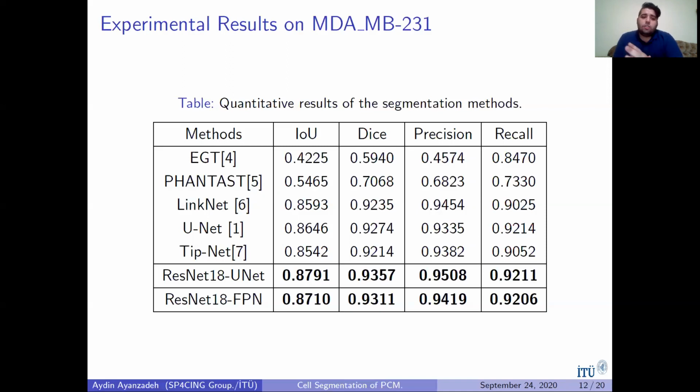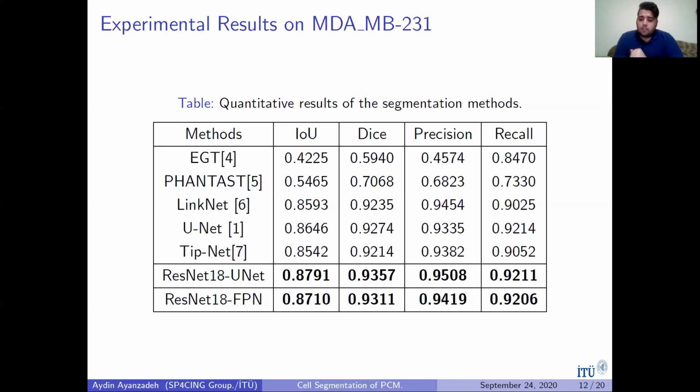As you see, the results of the baseline are very low, especially in the IOU. But in comparison with the U-Net, our methods ResNet 18 U-Net and ResNet 18 FPN have an increment in all of the applied evaluation metrics: intersection over union, dice coefficient, precision and recall.